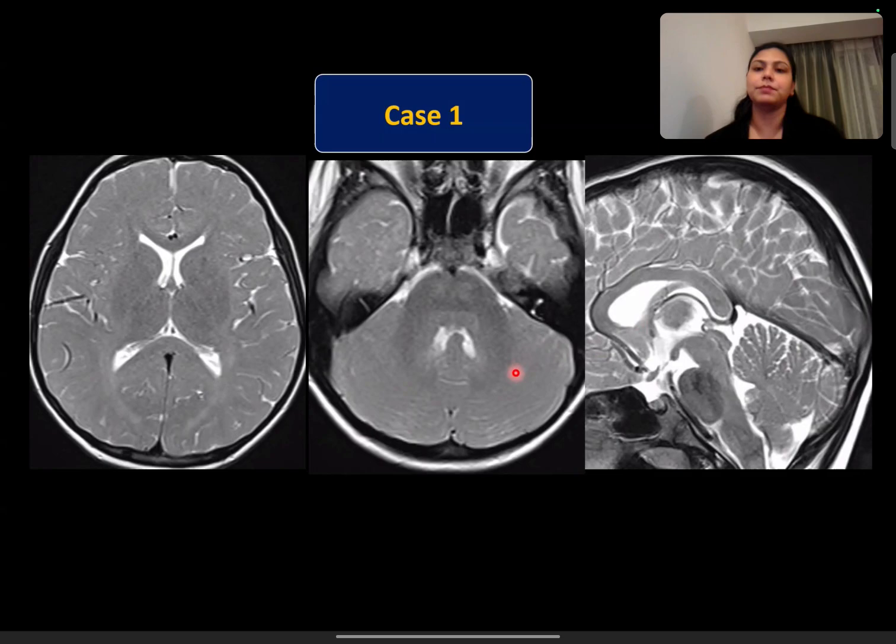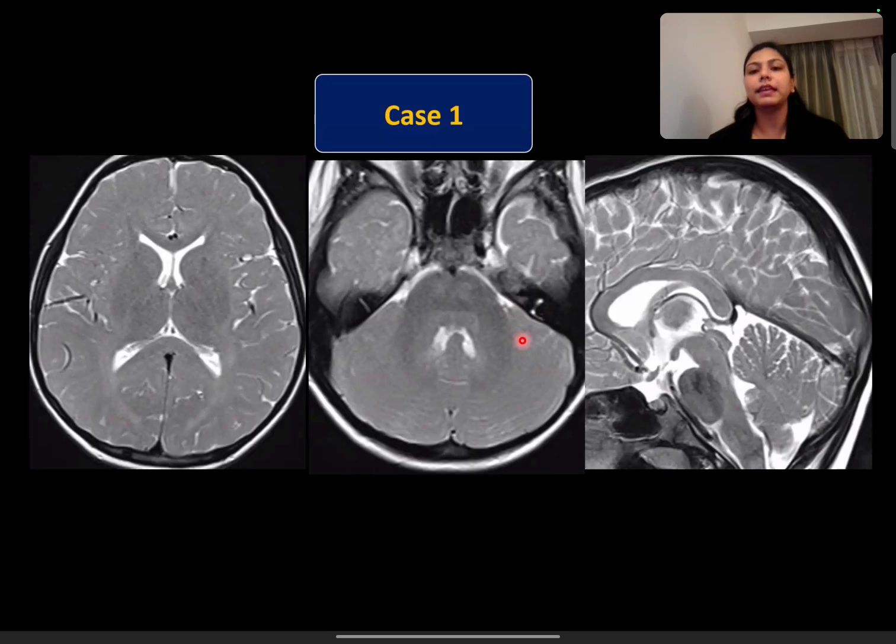It is Pelizaeus-Merzbacher disease. So this is the prototype hypomyelinating leukodystrophy. Yes, there is cerebellar atrophy, but here the predominant feature is not cerebellar atrophy. It is not out of proportion to the hypomyelination. So here we are seeing diffuse, mildly hyperintense signal of the entire white matter, including internal capsules, periventricular and subcortical white matter.